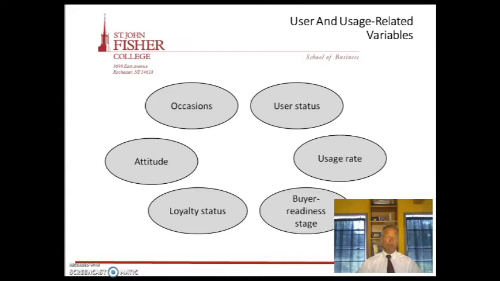Usage-related variables, or user segmentation, is based on whether you're a high user or not a high user of a particular product. That comes to different sizes of products. For instance, you can buy a Coke in an individual can. You can buy it in 12 packs if you're a higher user. You can buy 6 packs if you're a moderate user, etc., etc. So basically, different products are segmented based on how much people will use.